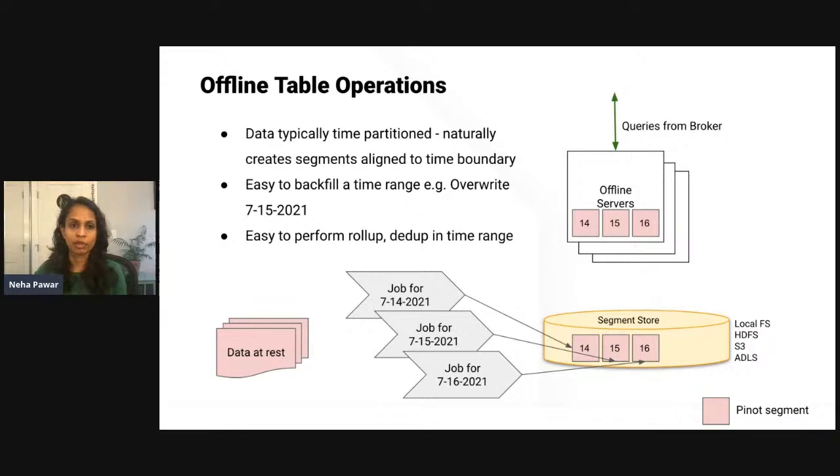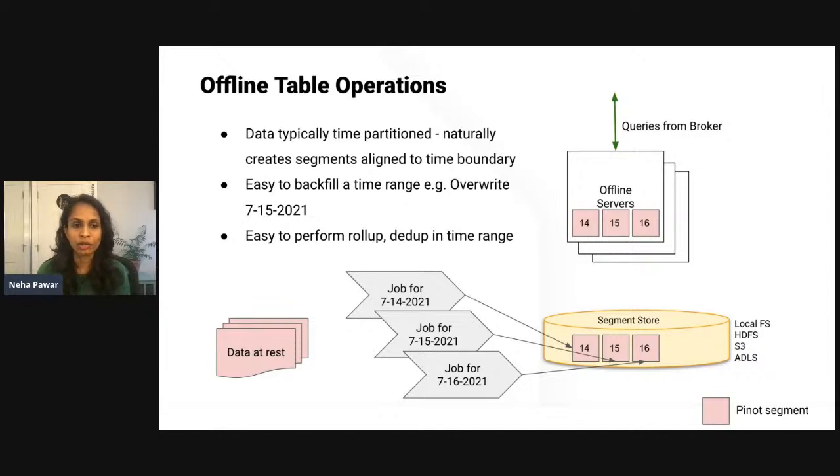For example, if you wanted to do a backfill, let's say you had data for 3 days, 14th, 15th, and 16th, and you ran 3 ingestion jobs, and each of them generated one segment called 14, 15, and 16. Now if you wanted to backfill just the data for 15th, and you had that data lying around somewhere and you created a new Pinot segment, it would be pretty easy to just replace segment number 15 with your new segment.